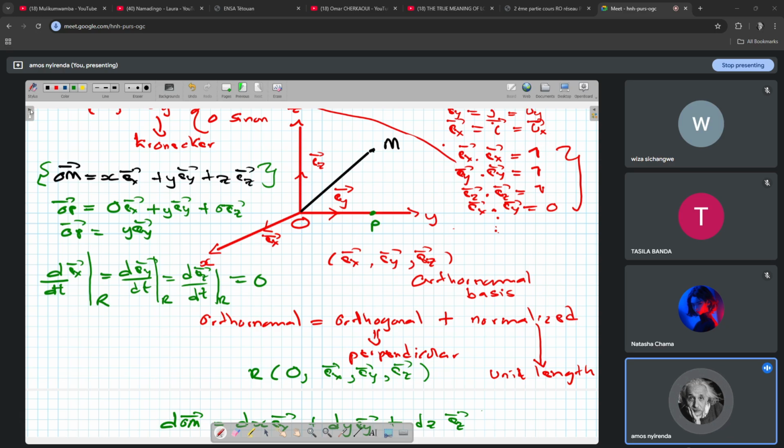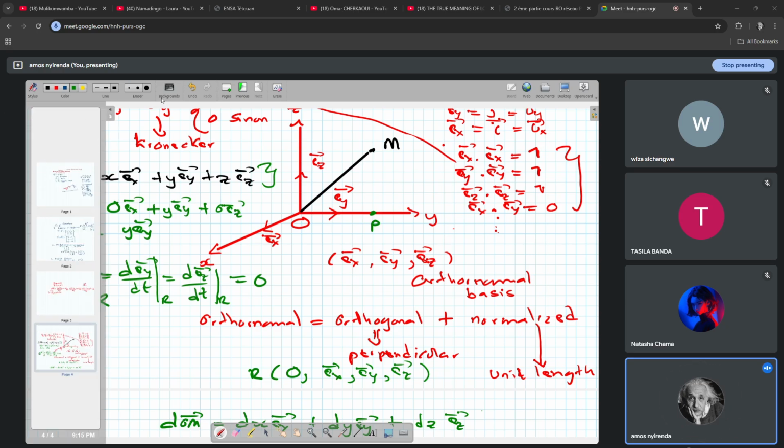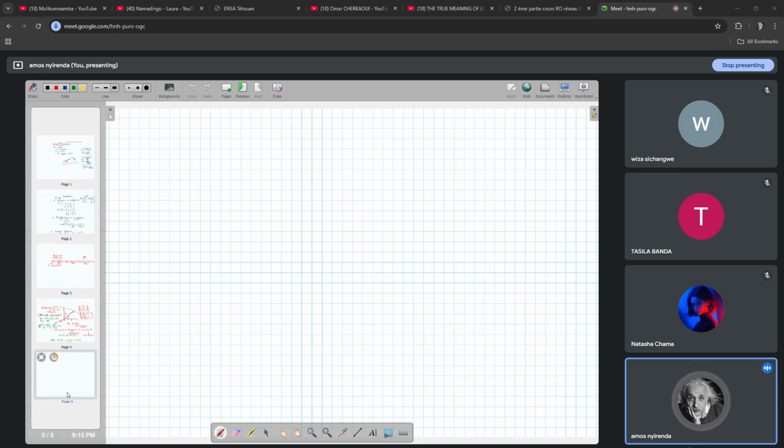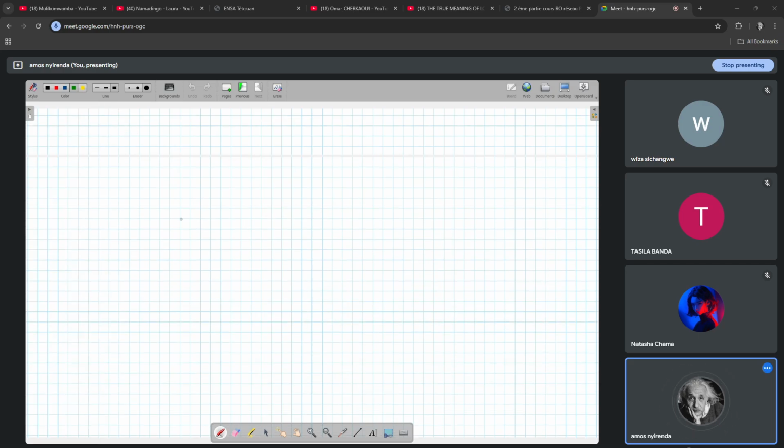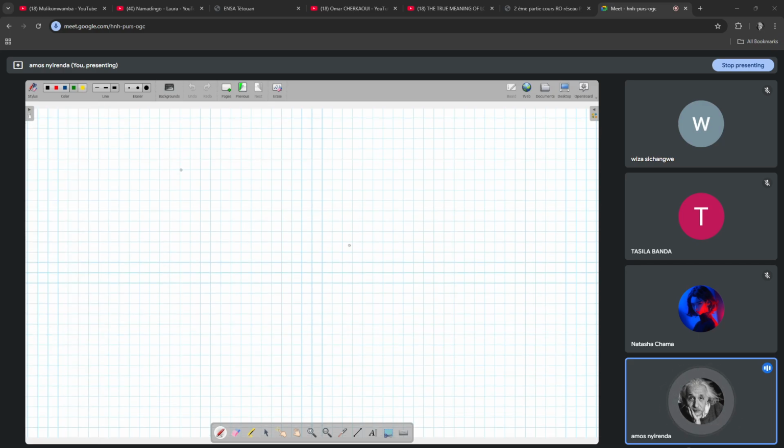Now, let me just add a new page here. Nouvelle page. Très bien. Like so. Now, the cylindrical coordinate system, même chose, we will be in a 3D space. Now, let me just allow myself here to choose a line.